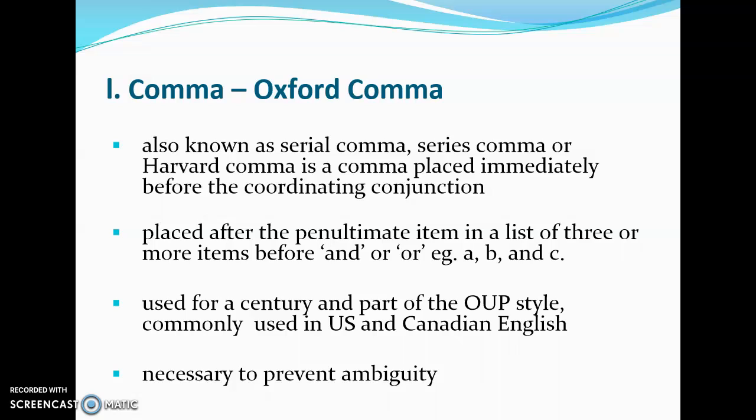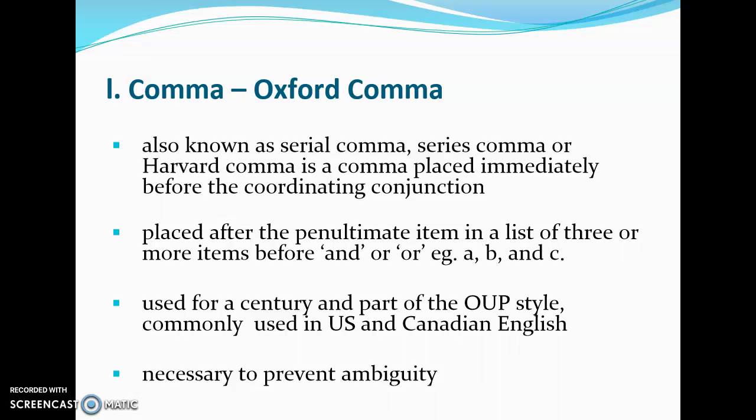Next we have the comma that is called the Oxford comma. It is also known as the serial comma, series comma or Harvard comma. It is a comma which is placed immediately before the coordinating conjunction. It is usually placed after the penultimate item in a list of three or more items, before "and" or "or".